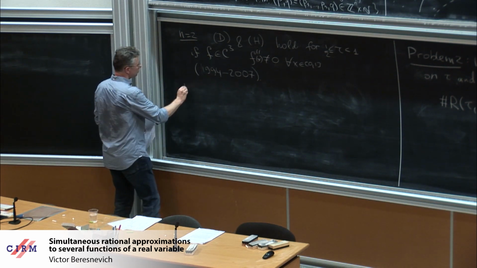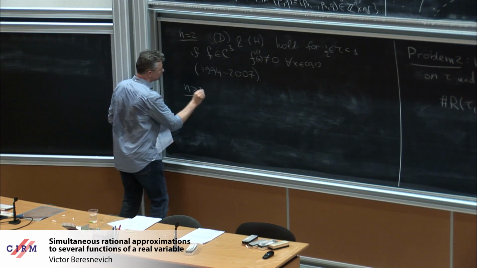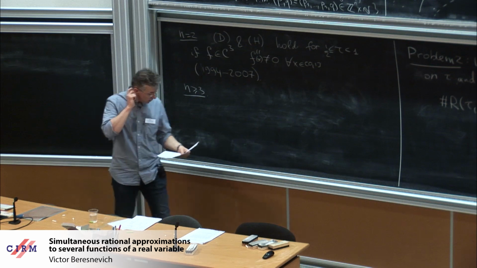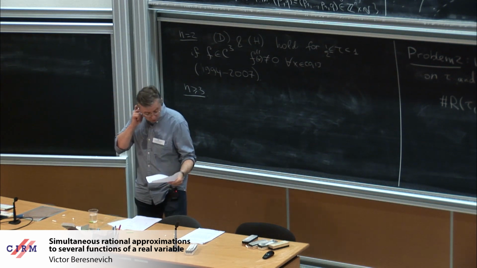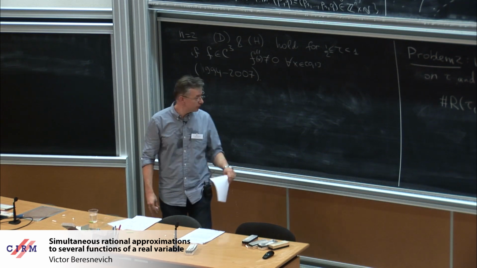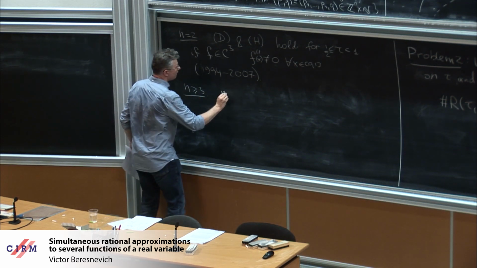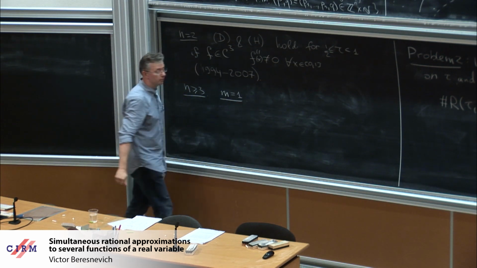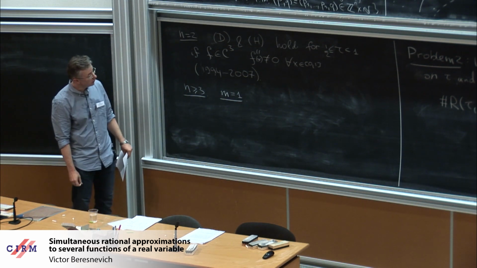So high dimensions is really where we struggle up to these days, especially the upper bound. The only reasonable case when we know more or less everything is hypersurfaces. This is m equals 1, so the codimension of my manifold is 1.